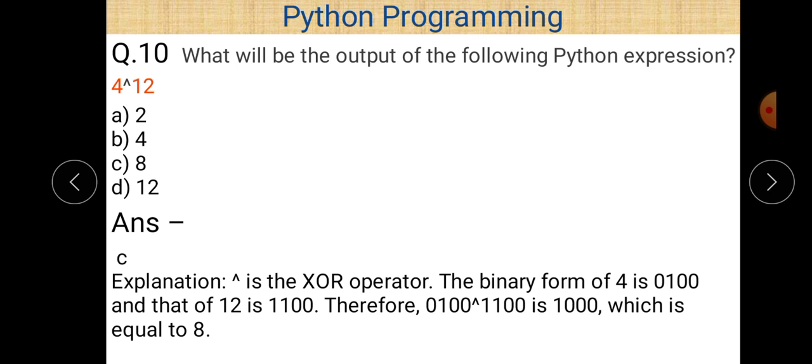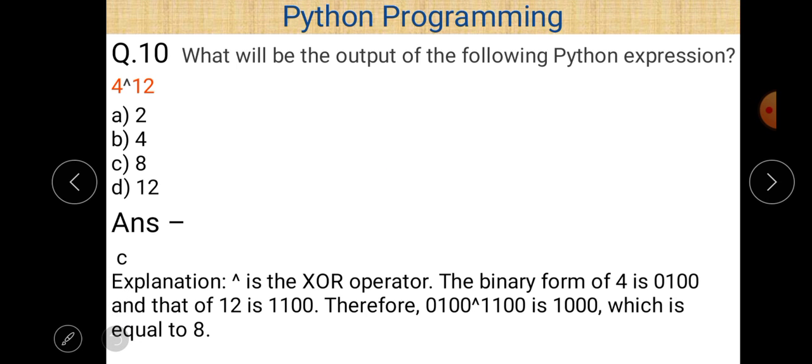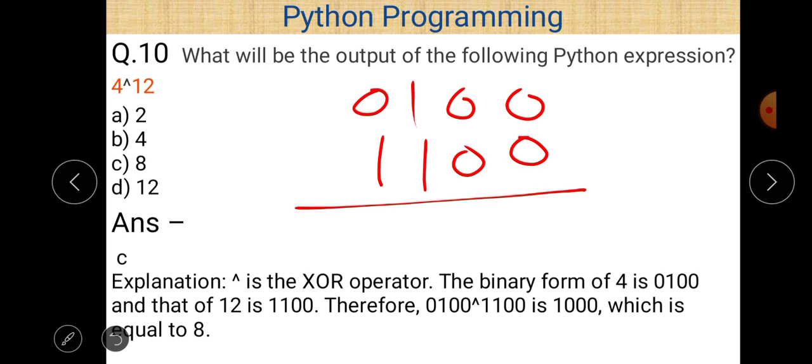So the representation of 4 is 0100, and the representation of 12 is 1100. Now we have to perform the XOR operation. You can easily see that 0 0 gives you 0, 0 0 gives you 0, 1 1 also gives you 0, and 0 1 gives you 1.